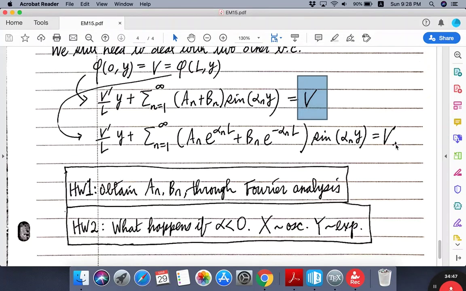And I won't tell you the details of the procedure. The details are actually given in the book, but in any case, I want you to work through the details and find these explicit expressions for both a_n and b_n. And do not just copy the answers from the book. You really need to work through all the intermediate steps. So that's homework number one.